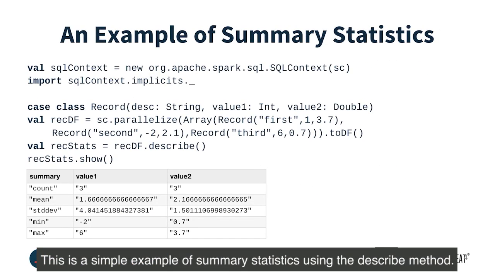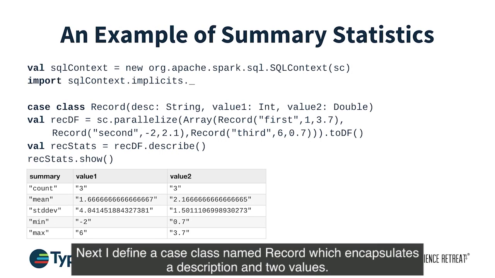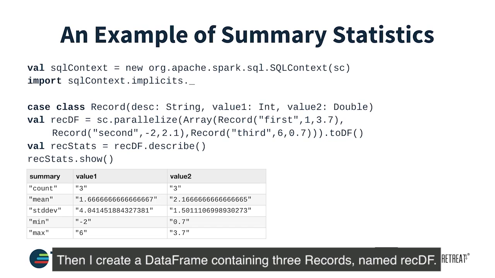This is a simple example of summary statistics using the describe method. First, I import implicits from the SQL context, so I can turn an RDD into a data frame. Next, I define a case class named record, which encapsulates a description and 2 values. Then I create a data frame containing 3 records named recdf.